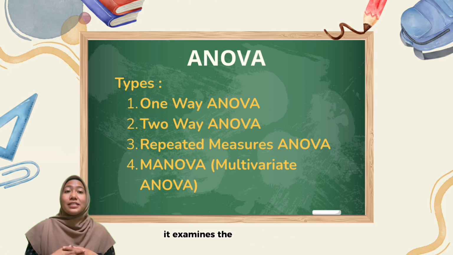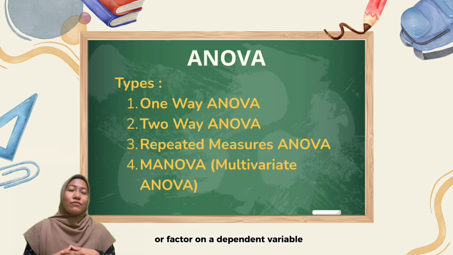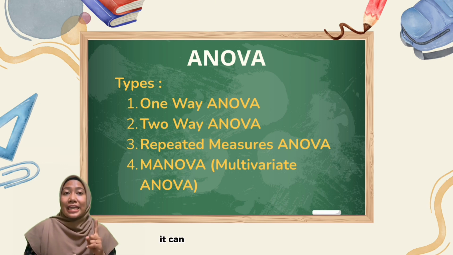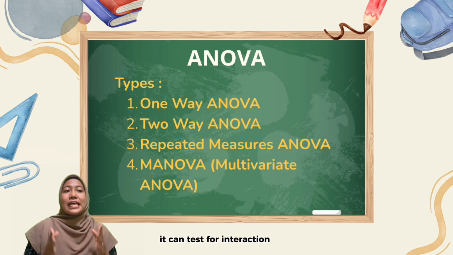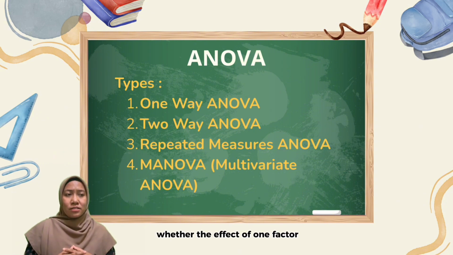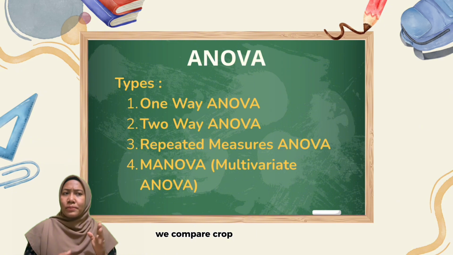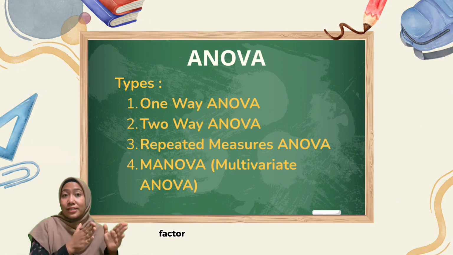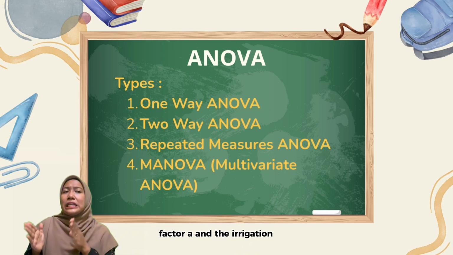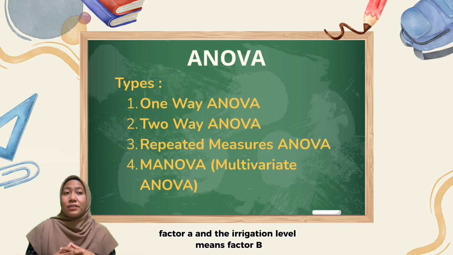It examines the effect of two independent variables or factors on a dependent variable. It can test for interaction effects, whether the effect of one factor depends on the other. For example, we compare crop yield based on fertilizer type, factor A, and the irrigation level, which is factor B.